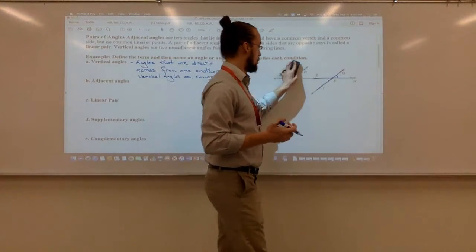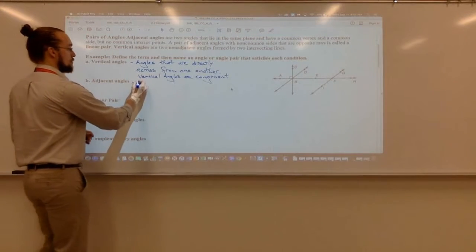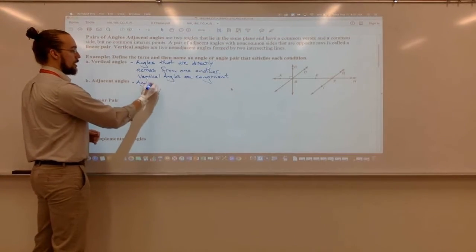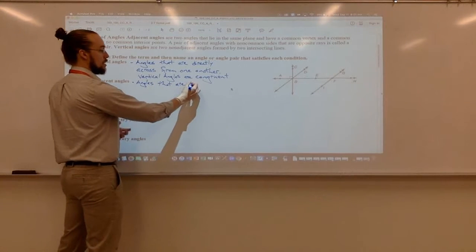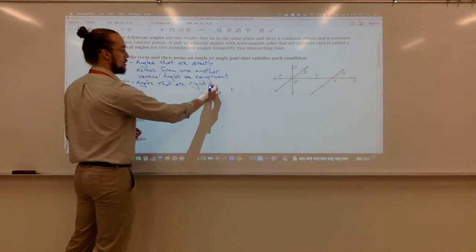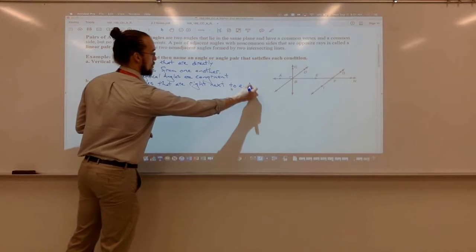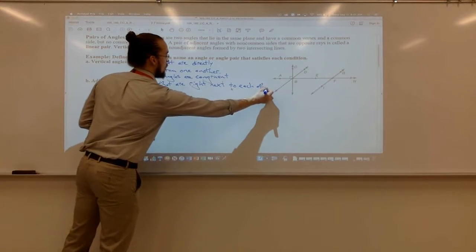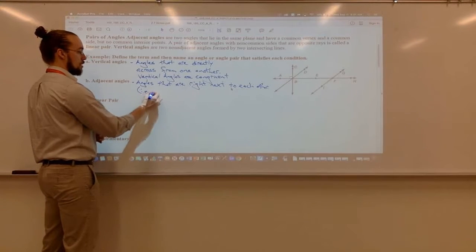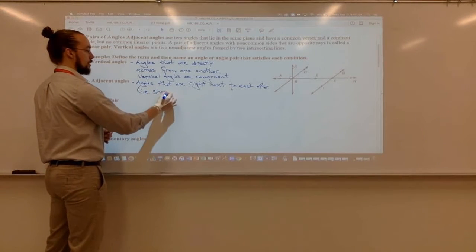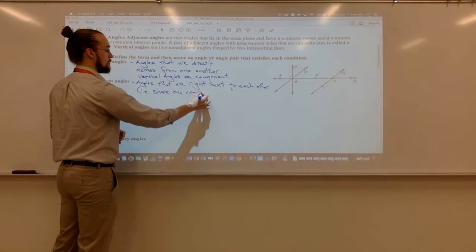Adjacent angles. Adjacent angles are angles that are right next to each other. In other words, they share one common side.